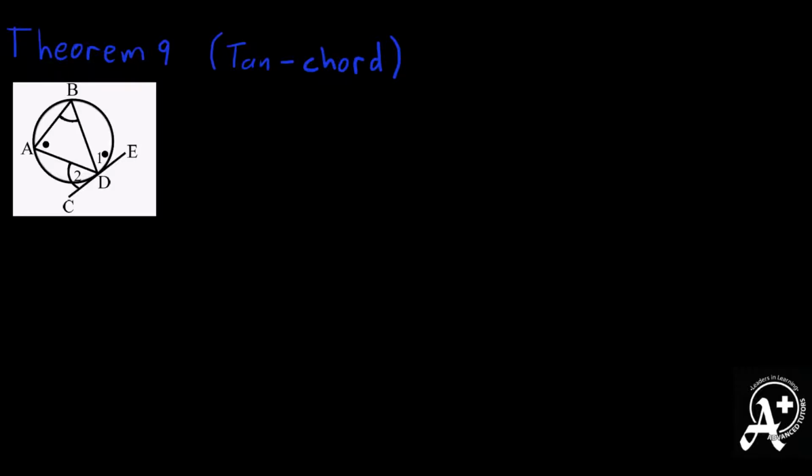Basically what that means is, in the diagram that we see here, if CDE is a tangent to the circle at point D, then angle D1 is equal to angle A, and angle C2 is equal to angle B. So we can see here that angle C2 over there is equal to angle B over there, and angle D1 over here is equal to angle A over there.